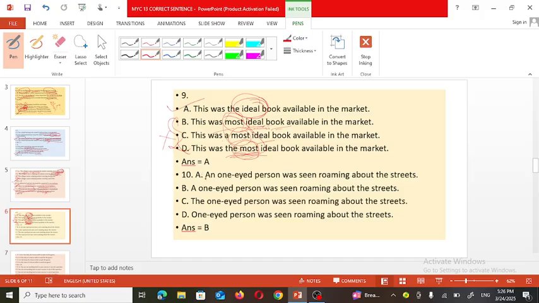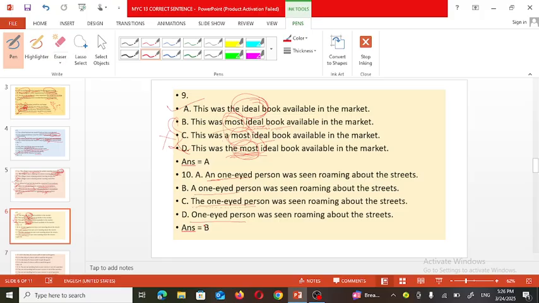Now see the 10th one. An one-eyed person was seen roaming about the street. If you compare the given sentences, you can observe an one-eyed, a one-eyed, the one-eyed, and one-eyed person without any article.